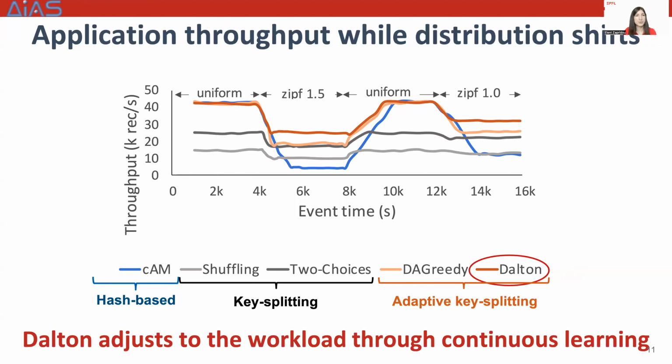Key splitting approaches, when the data is skewed, do better. Then adaptive approaches manage to adapt, and we can see that Dalton, when the data distribution is skewed, outperforms all existing approaches, and so it is the only algorithm that has the best performance across all distributions.